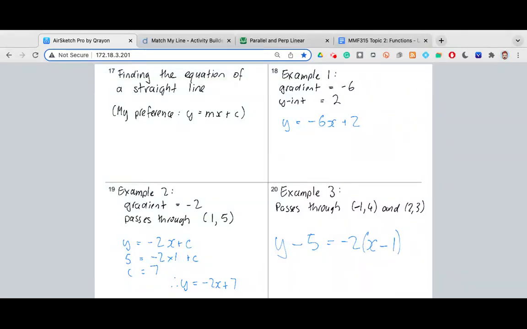So you don't have to work out c, because this equation also represents the line. And of course, if I expanded it and added 5 to both sides, I would get exactly the same equation. So you can still get it that way. Starting off from the point gradient form is actually kind of a handy thing to do.